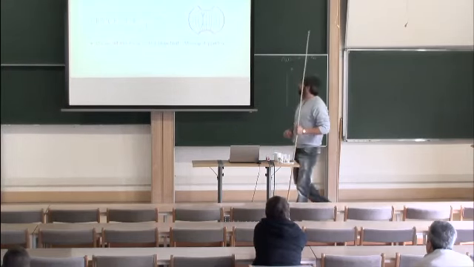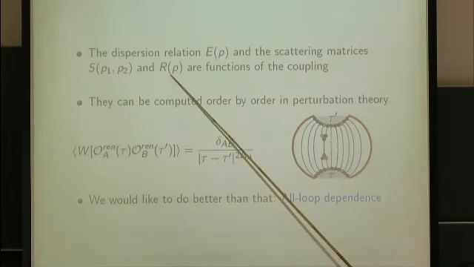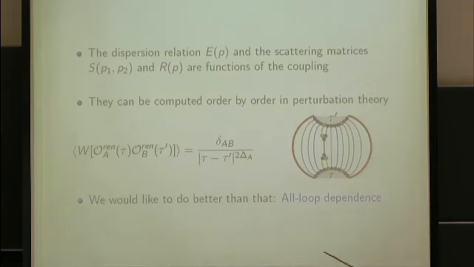But what are those dispersion relation and scattering and reflection factors? In principle, as Drukker and Kawamoto did, you can work them out in perturbation theory. You can work them out just by computing these two-point functions, this Wilson loop with two insertions, and this amounts to doing Feynman diagrams like this one.